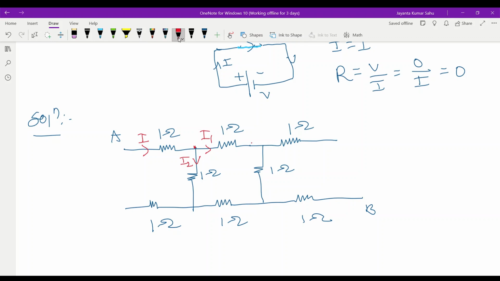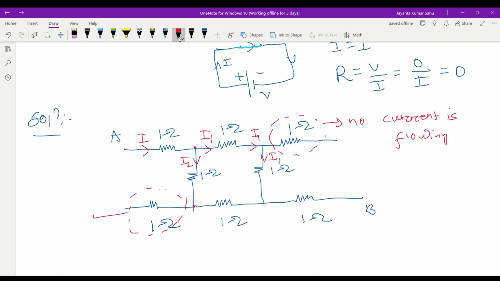Then at this terminal, no current is flowing in this resistance, since it is an open circuit path. Now I1 current is flowing in this resistance. Here I2, here also no current is flowing due to open circuit.